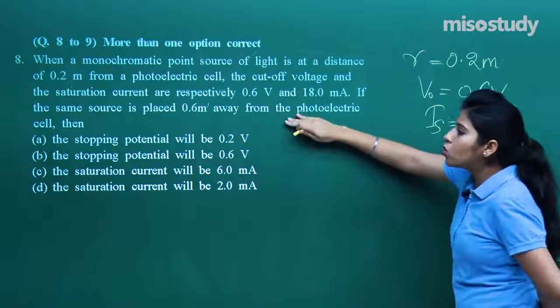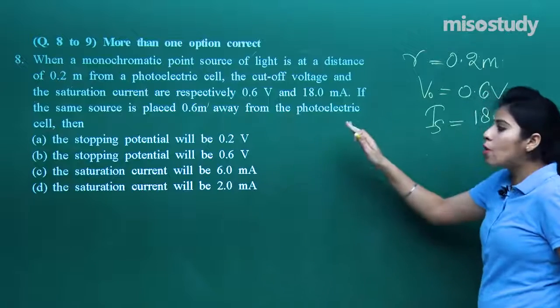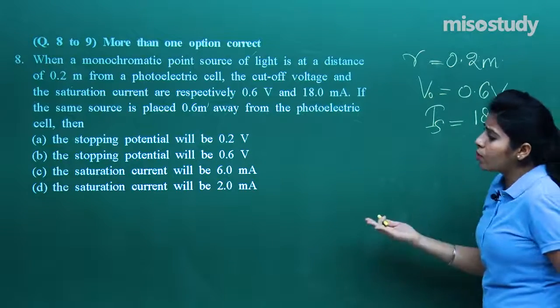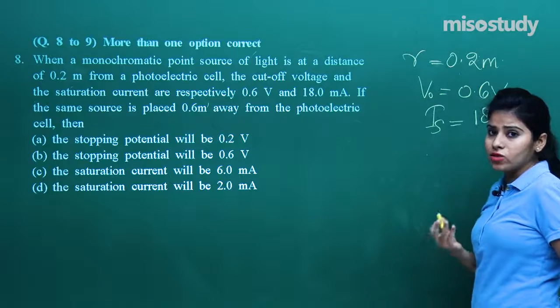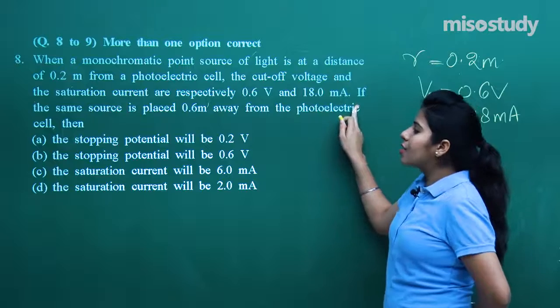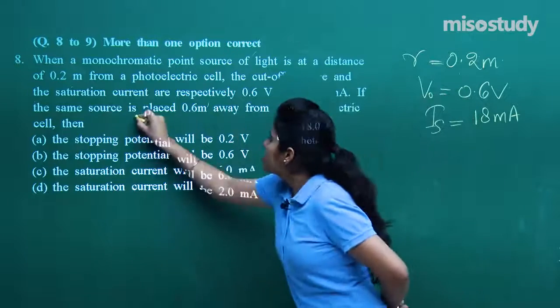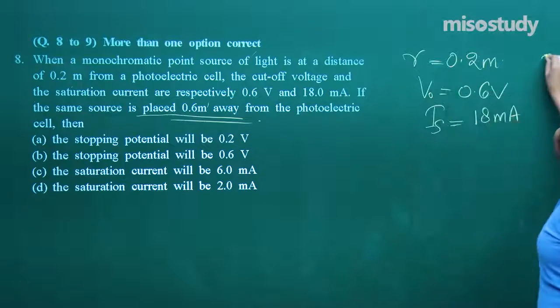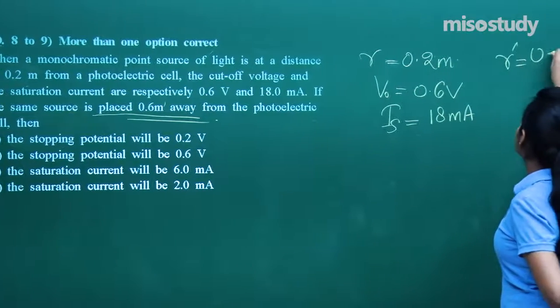If the same source is placed 0.6 meter away from the photocell, then what will be the stopping potential and saturation current? This we have to tell. So they are increasing the distance. R would be changed to 0.6 meter.